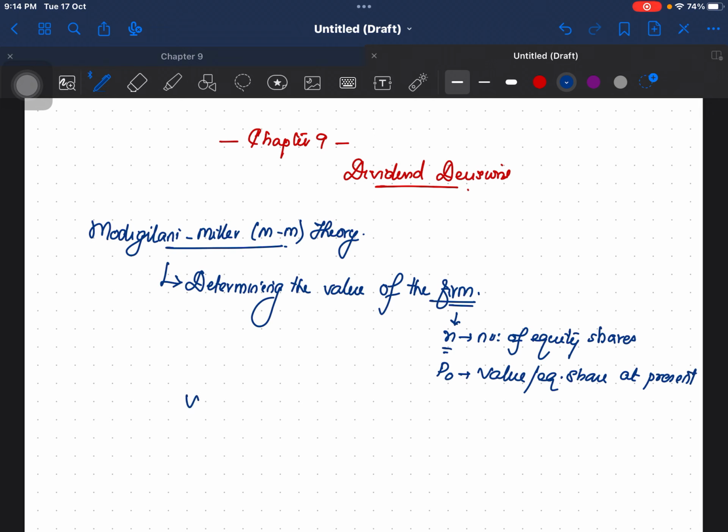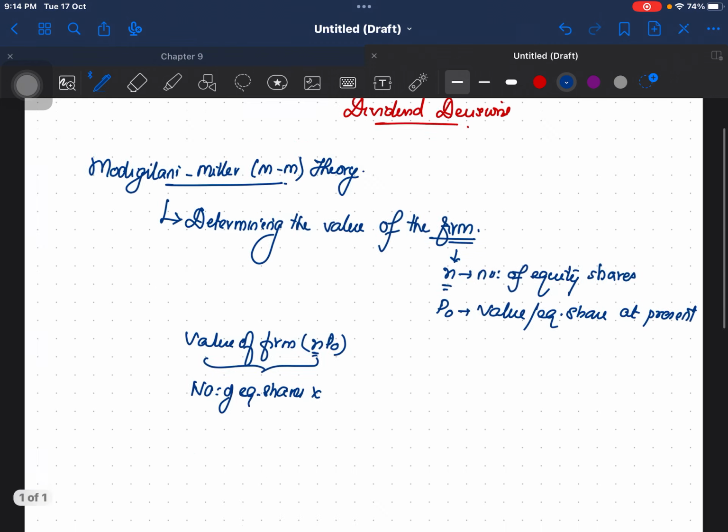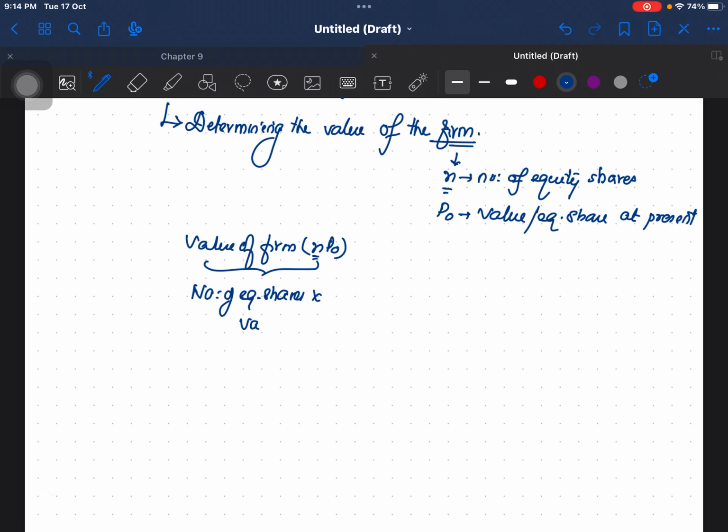So the value of the firm is N P0. What is N P0? N is the number of shares and P0 is the value per share, so N into P0 is the number of equity shares into the value per share. And what is this formula?